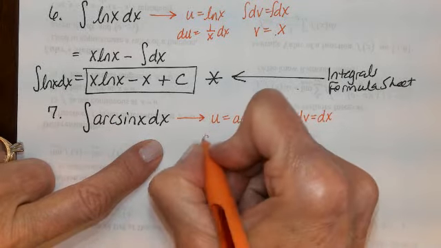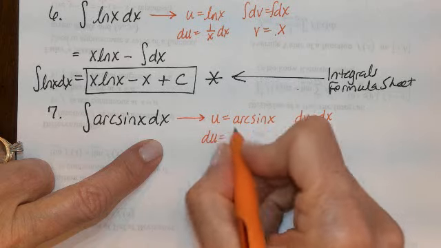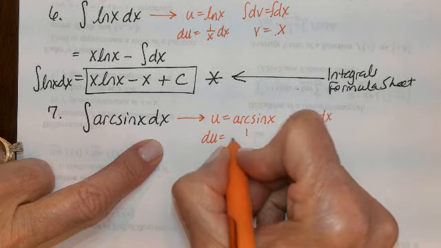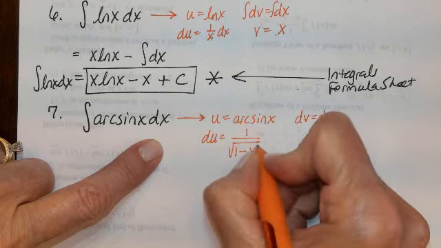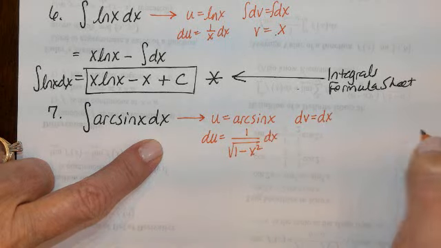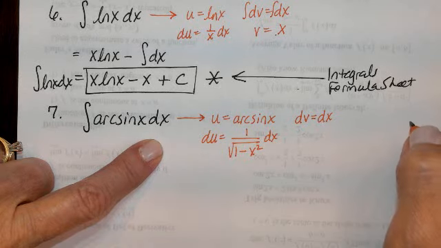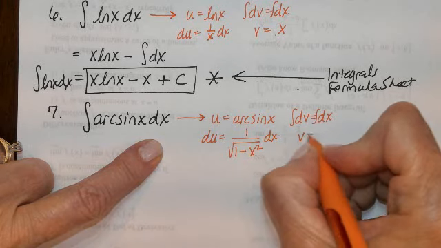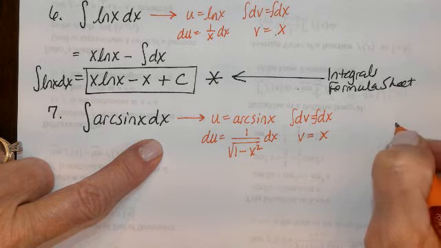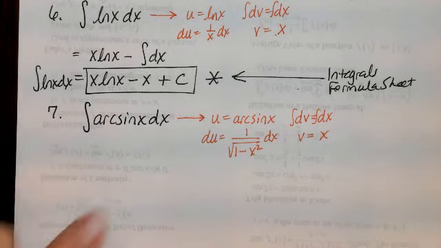All right, du, the derivative of arc sine, is 1 over square root 1 minus the argument squared. The integral over here is just v is equal to x. All right?